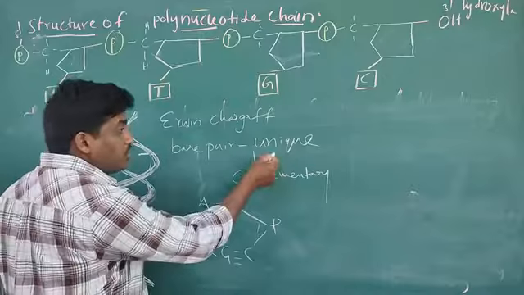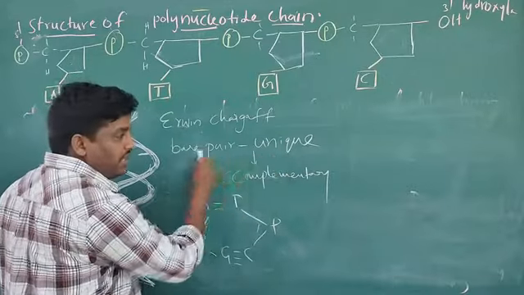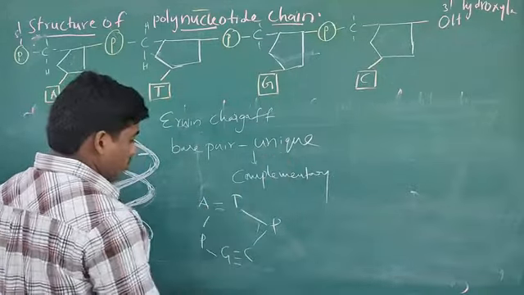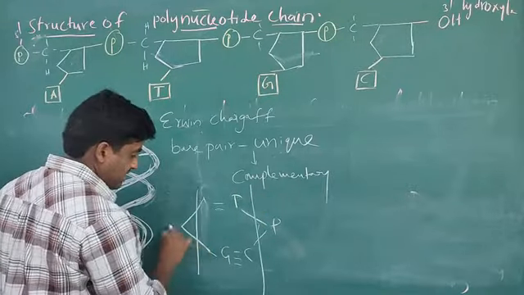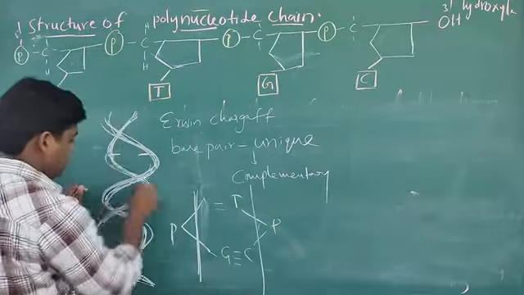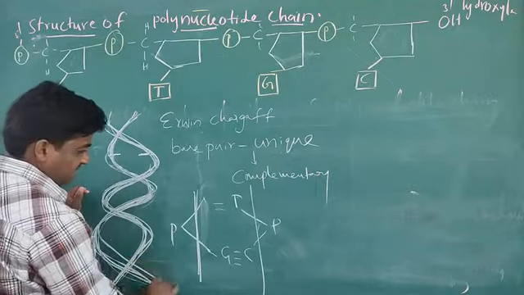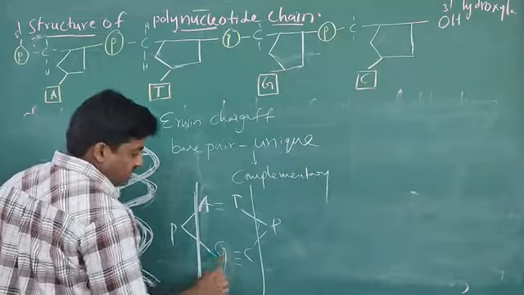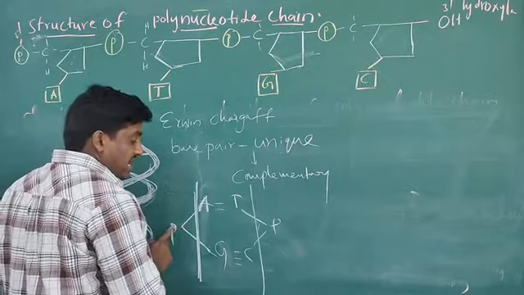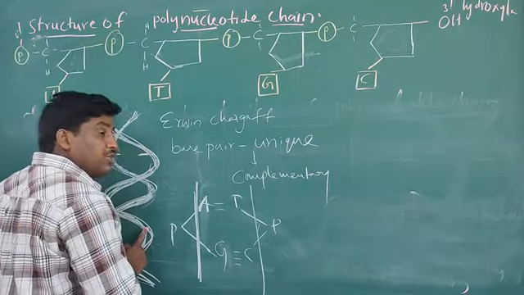Base pairing is the unique property of the polynucleotide chain. This is the one chain, this is the other chain. In one chain, what are the components? Already told: the DNA is made up of polynucleotide chains.